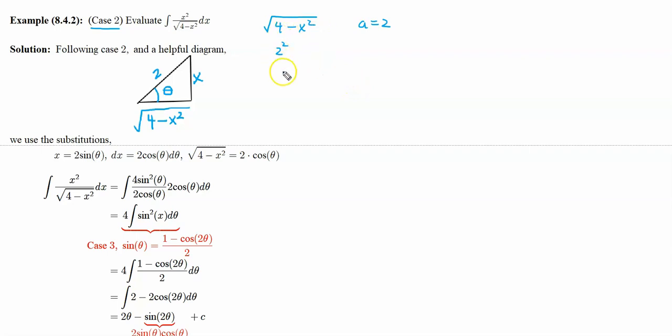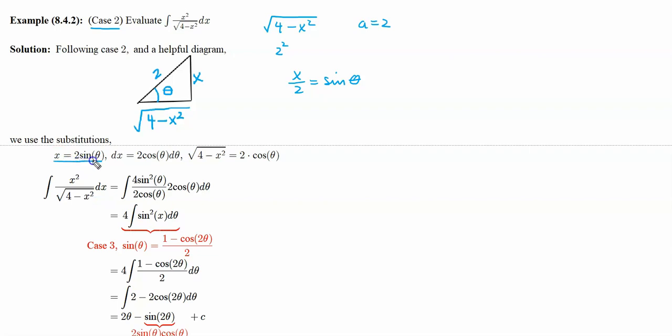All right, so here's how we decide to label the triangle. We label the opposite side x, the hypotenuse 2, and then that way the adjacent side by the Pythagorean theorem is going to be the square root of 2 squared minus x squared, right? Just using the Pythagorean theorem. And so we get then that x over 2 equals the sine of theta, in which case we get this as our primary substitution.